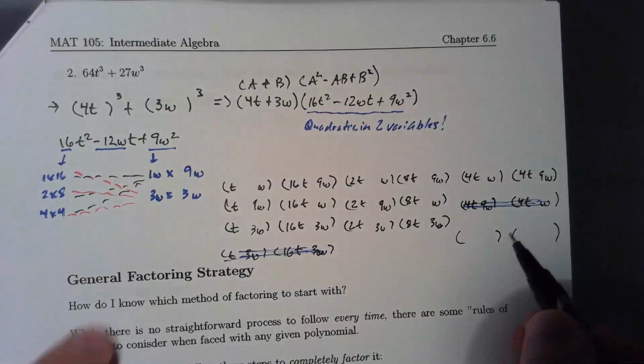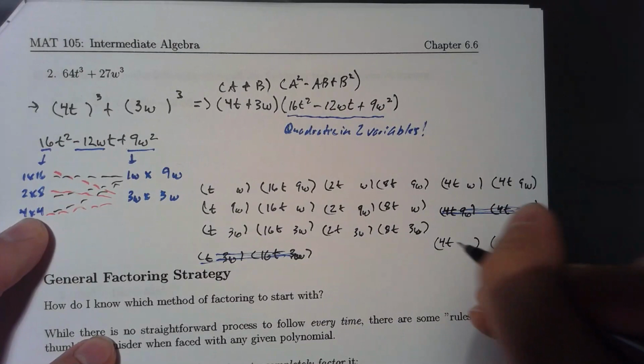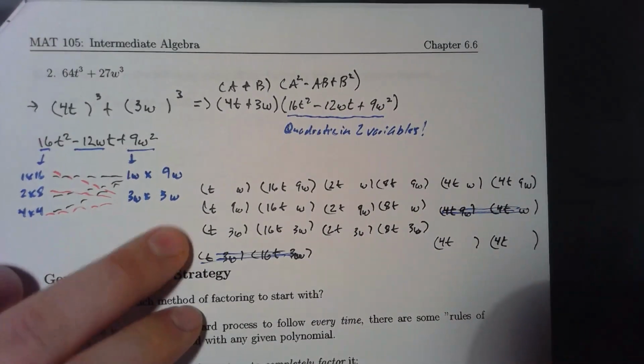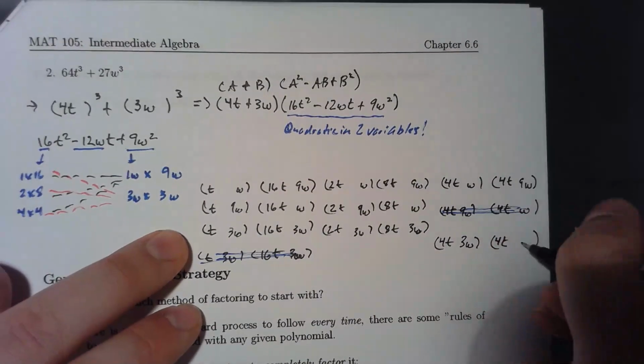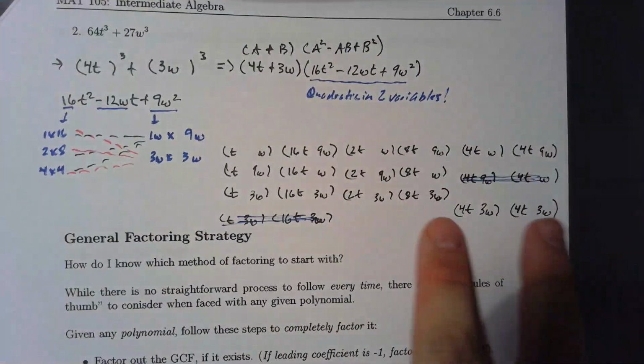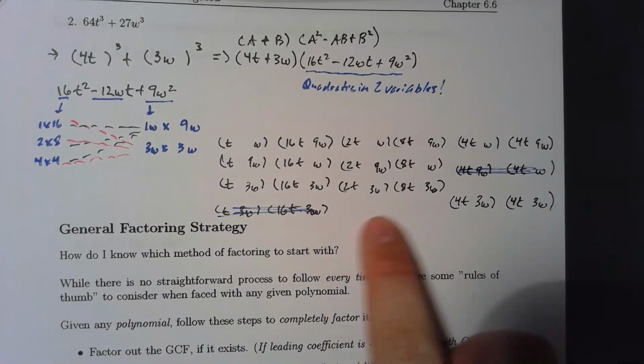And then finally, the last one is 4t, 4t, and then 3w, 3w. Now I obviously don't have to flip that because that would just give me the same thing again, just like I had here. I would get another duplicate case.